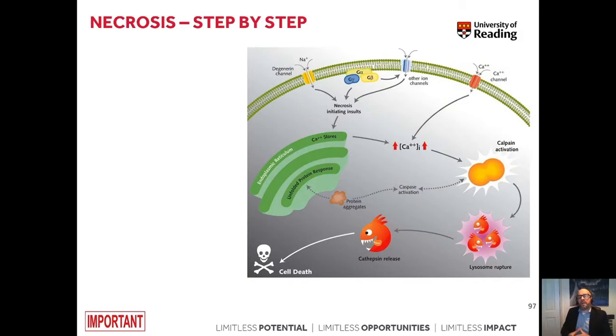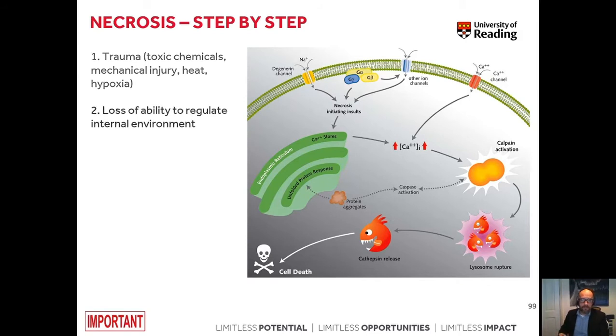So how does necrosis look like? As you can see here, necrosis is actually not very well regulated in the cell. And the first step is always a trauma. This can be an exposure to toxic chemicals, mechanical injury, heat, cold, or hypoxia.